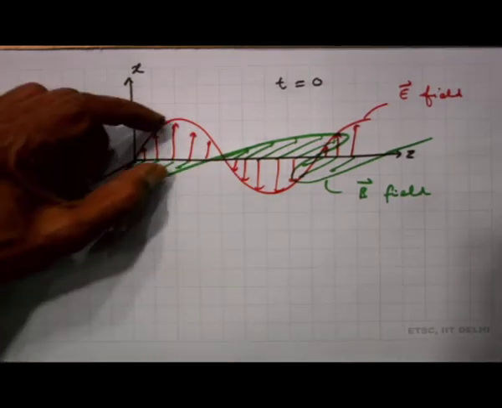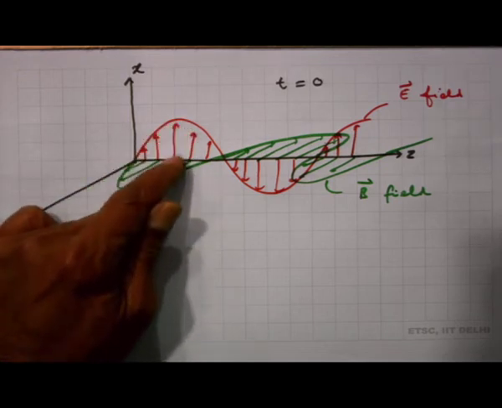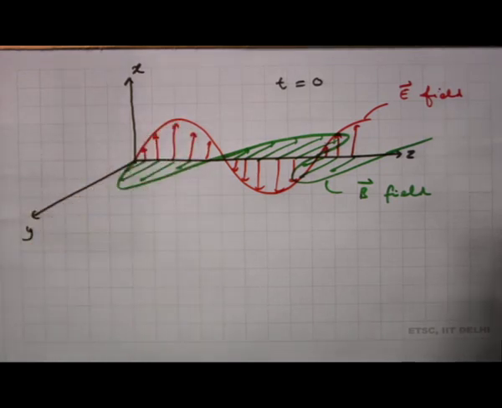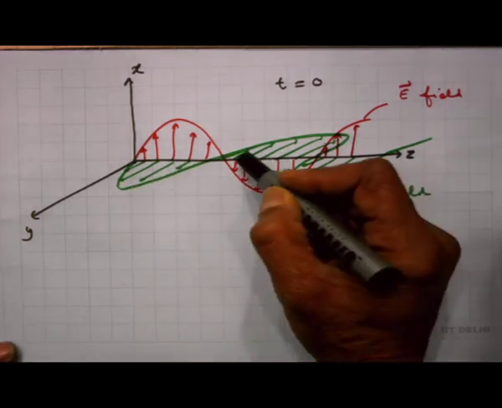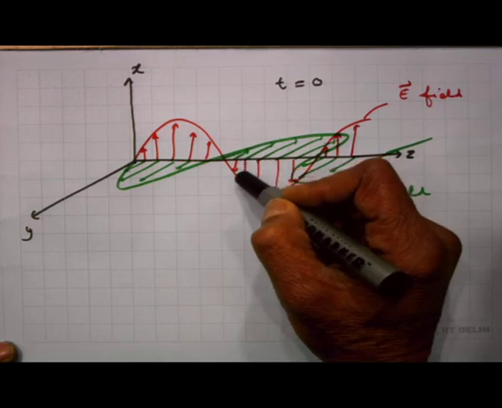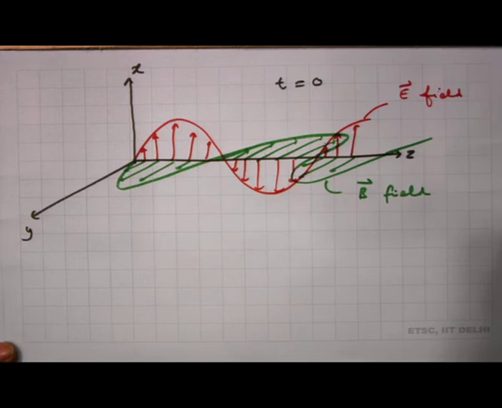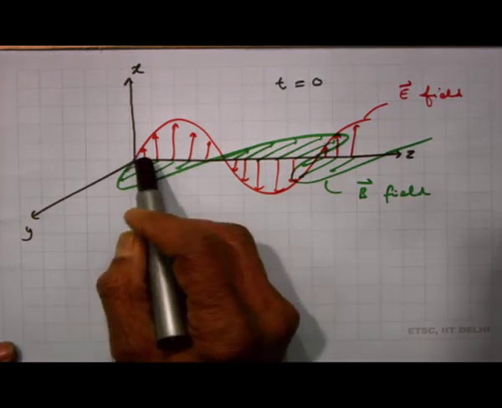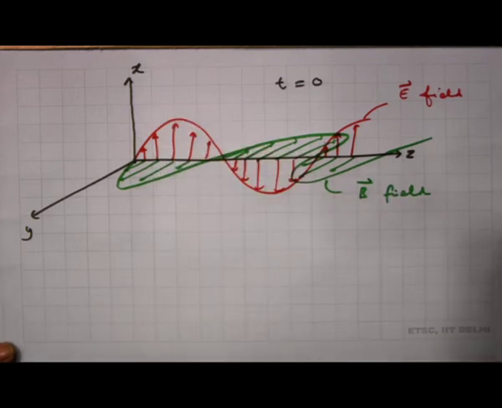This arrow represents the fact that at this point the electric field has this magnitude and direction, at the same point the magnetic field has so much magnitude and direction. Similarly, here the electric field has so much magnitude and direction, and this magnetic field has so much magnitude and direction. These are nothing but electric and magnetic fields represented along the axis by these arrows, and this line does not represent a displacement of a particle or a displacement of a medium or anything.